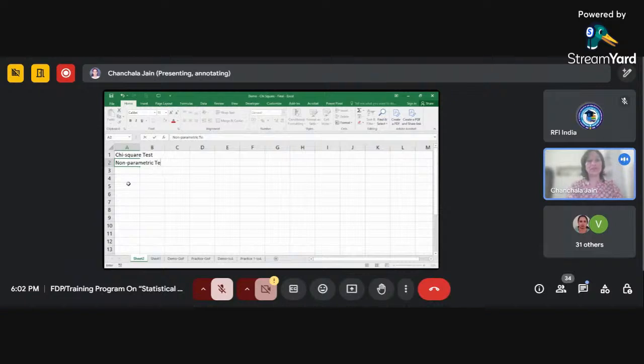So the question comes, what is a non-parametric test, right? Anyone is having any idea about the non-parametric test? Generally, the sample size is smaller. You can say up to 30. Okay, fine. Used for continuous data. Fine. Any other answers?